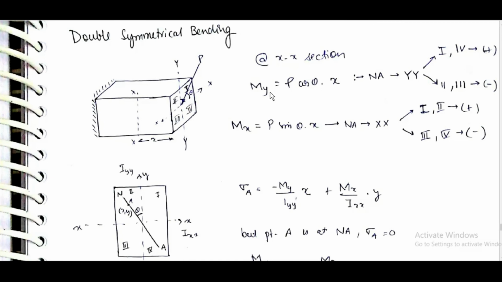My is equal to P cos theta into x. Neutral axis y: 1, 4 positive, 2, 3 negative. Mx is equal to P sin theta into x. Neutral axis x: 1, 2 tensile positive, 3, 4 negative.